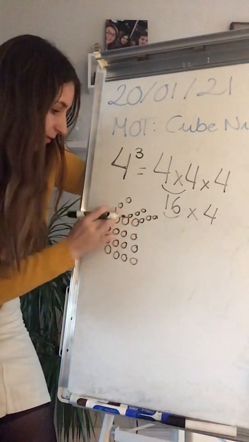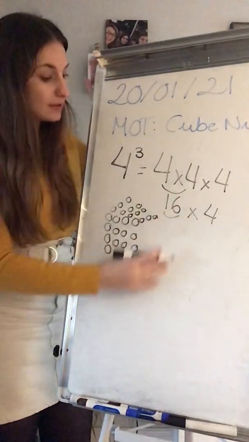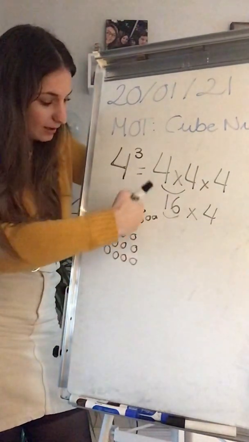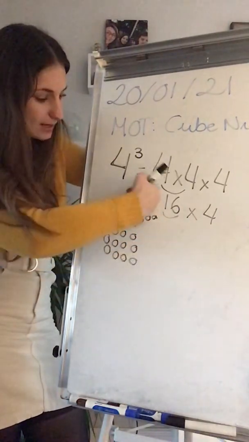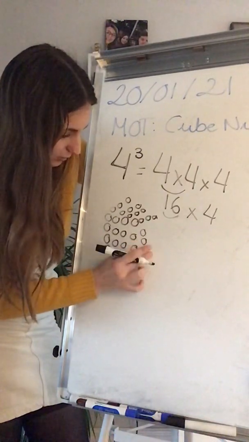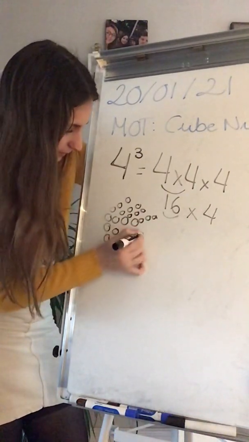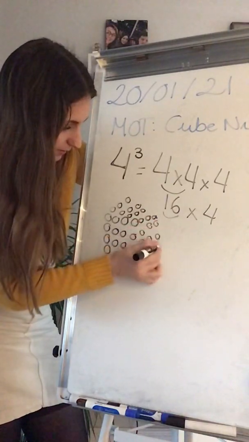Let's look a little bit at my drawing. With this we'll have one lot of 16, another lot of 16, another lot of 16, and another lot of 16, and that will look like that, more or less.